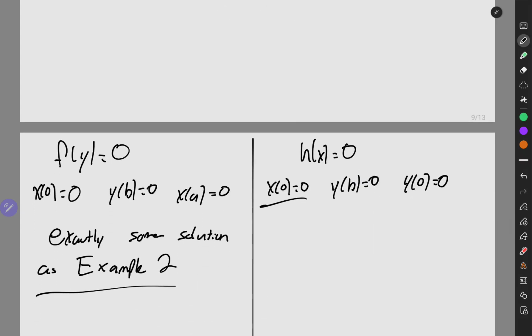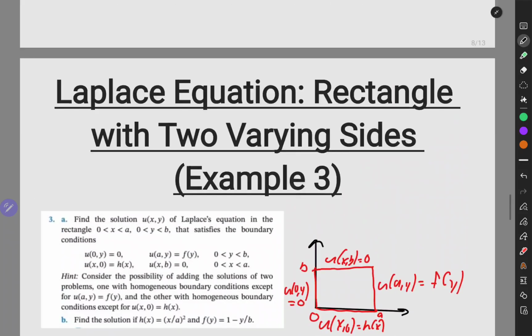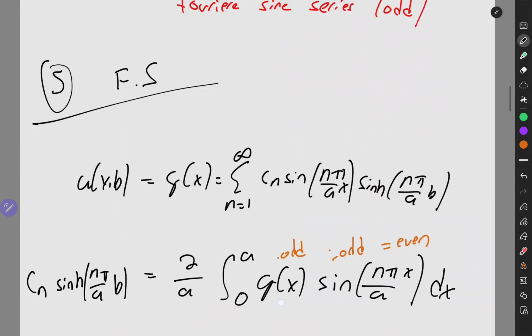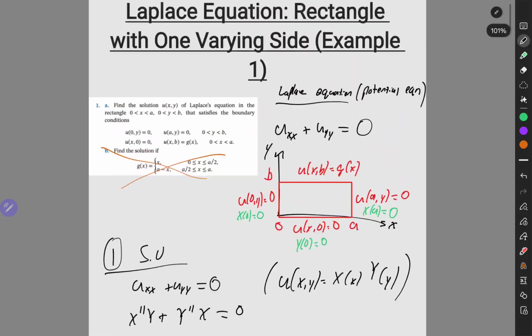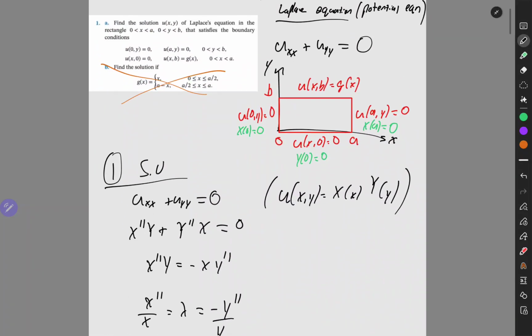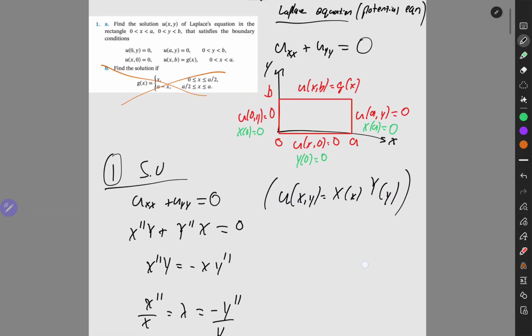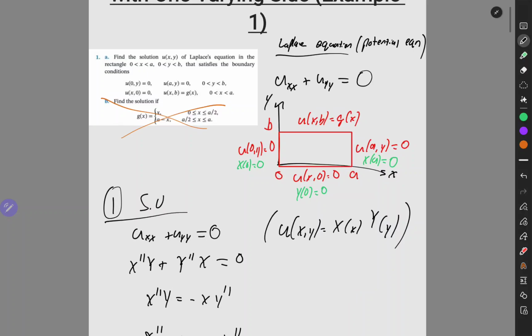So I'm going to use that knowledge. I just simply flipped the same kind of mathematics. It's still the same boundary conditions as number 1 up here, except the fact that it's going to be basically on the other side of the rectangle.